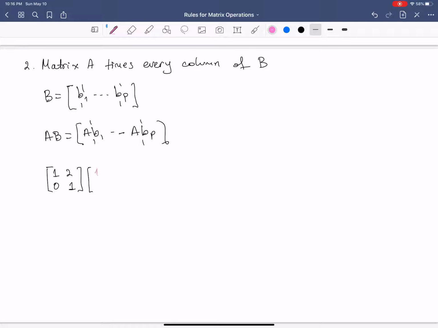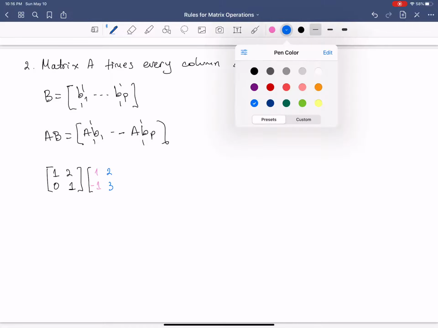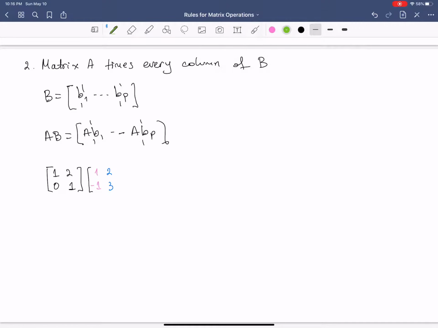So let's say 1, negative 1, 2, 3, and then maybe negative 1, 1. So the matrix B has 3 columns, which is fine. What matters is that the number of components in the rows of A matches the number of components in the columns of B.